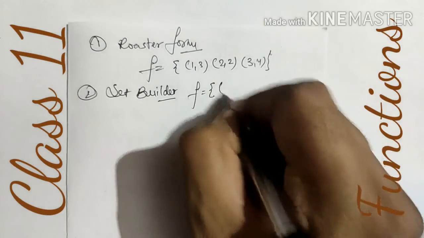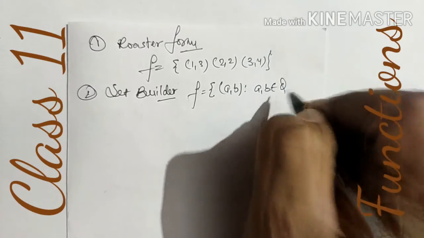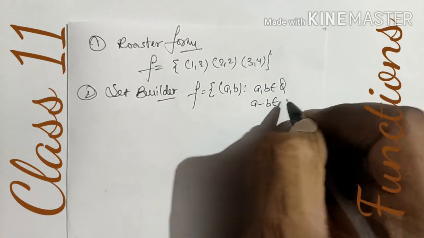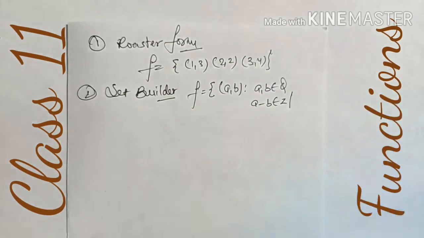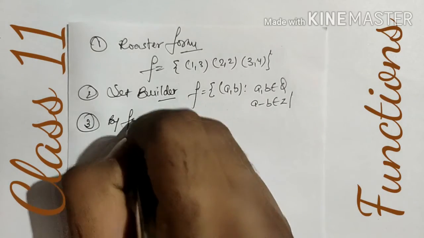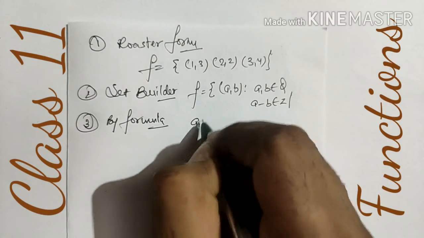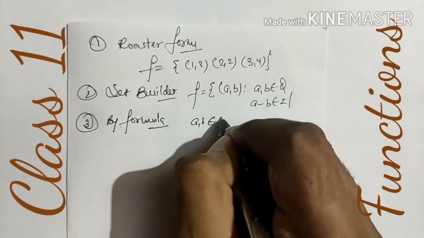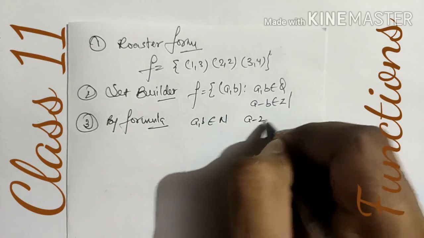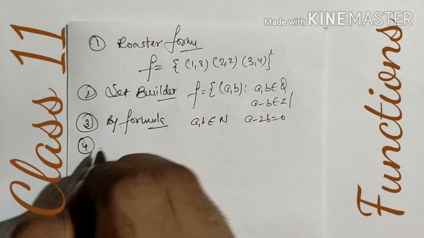We have done it in the first chapter: AB is an element such that AB belongs to rational numbers where the condition is A minus B belongs to integers. Third type, by formula. We can say an example: AB belongs to natural numbers, A minus 2B should be equal to 0.